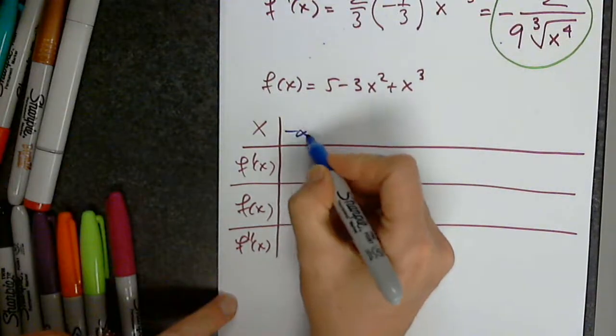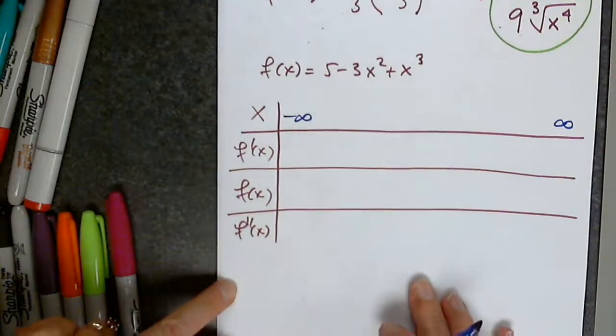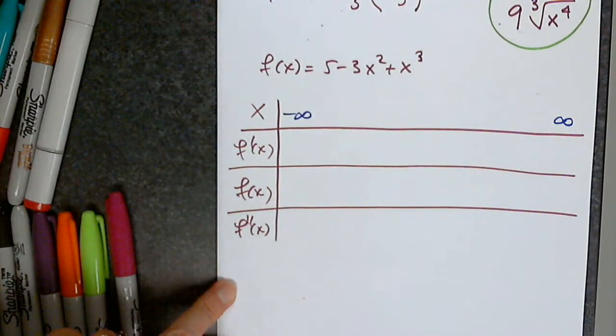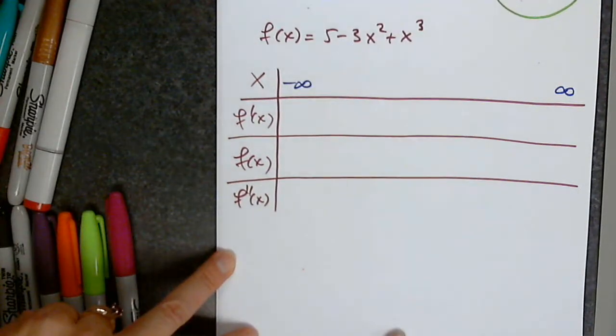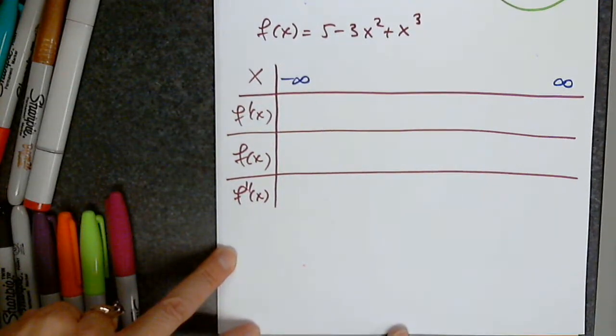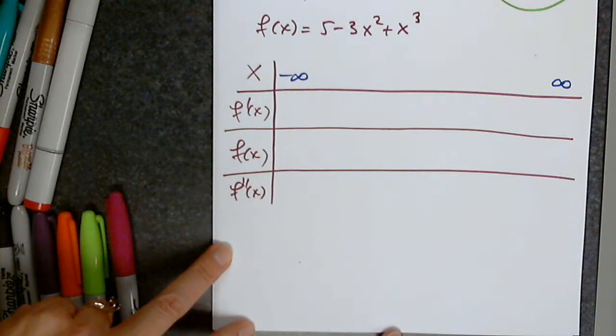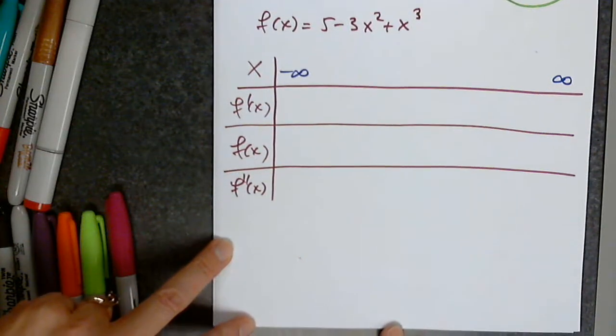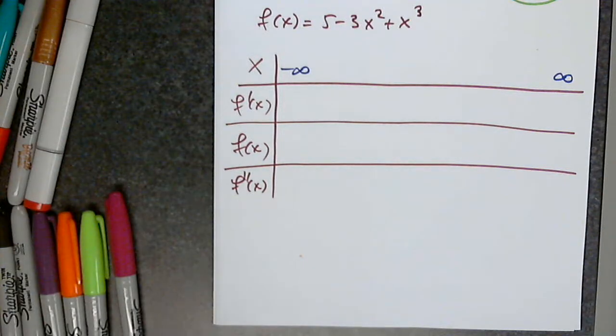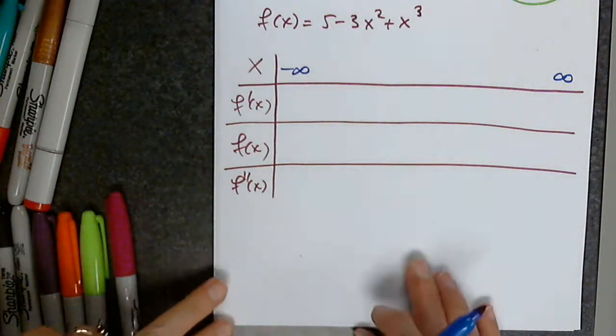Right, it's a polynomial function. Very good. Perfect. Okay. Now, I need to determine things about the function first before I even attempt the first derivative or the second derivative.